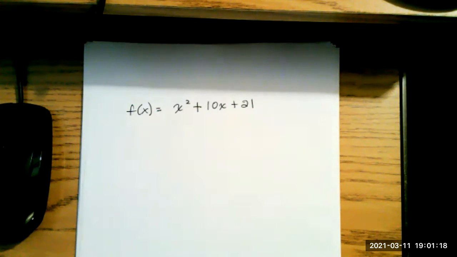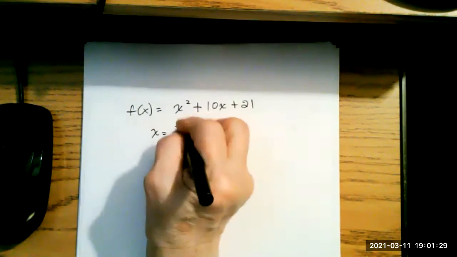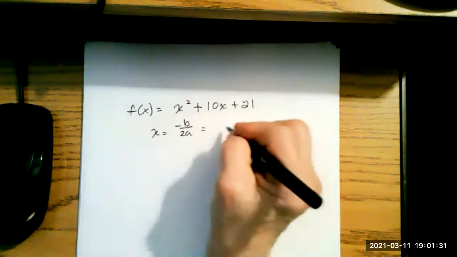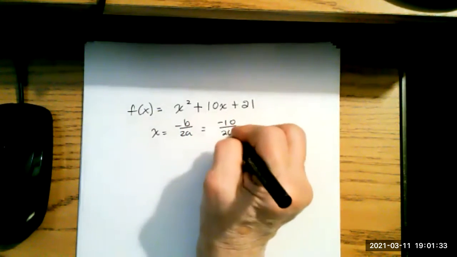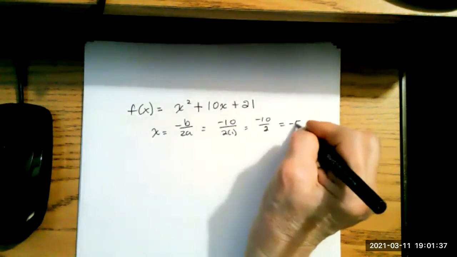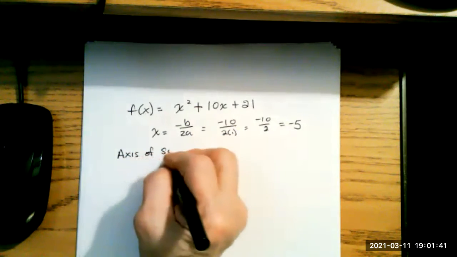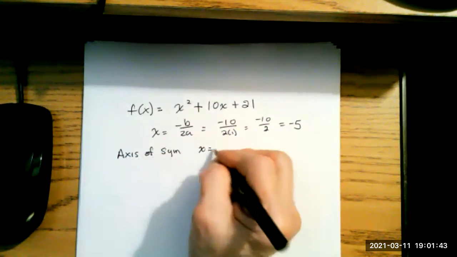Now I can use x equals negative b over 2a, which would be negative 10 over 2 times 1, which is negative 10 over 2, which is negative 5. So I know my axis of symmetry is x equals negative 5.